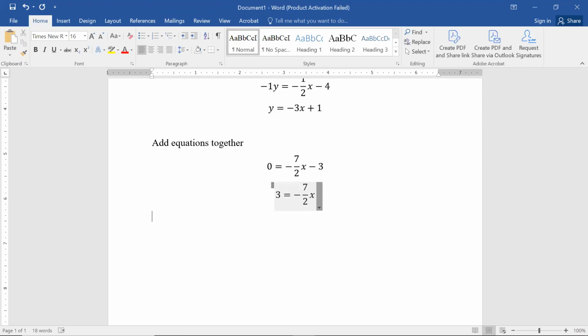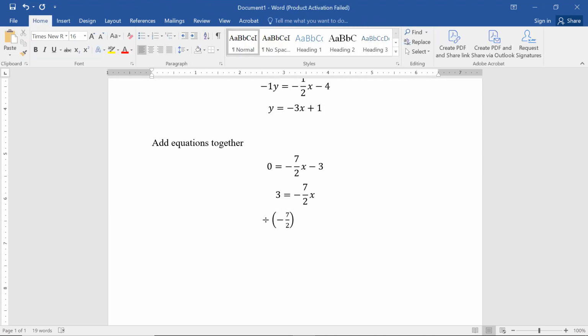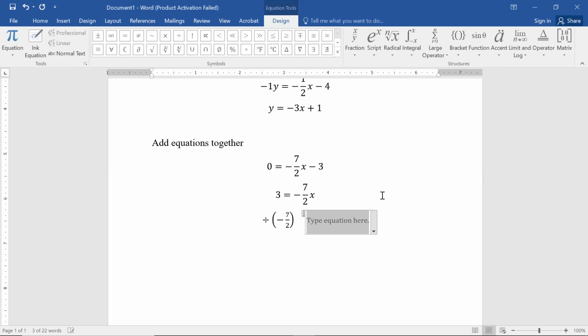Now, when you do that, make sure when you type things in on your calculator, if you just type in divide by 7/2, it might not do the appropriate order of operations. So when you're dividing by -7/2, you want to make sure parentheses are around your -7/2 on your calculator.